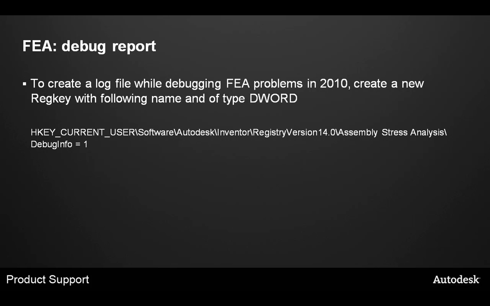So it has to be debug info, and you have to put it in a particular registry hive that I'm also showing here on the screen. The debug info has to be of the type dword, and the value has to be 1.